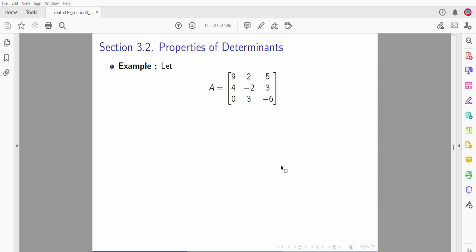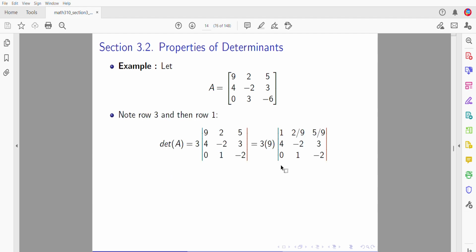So let's start with this matrix. Note row 3 and then row 1. Correct. Look at row 3. 3 is a common factor.